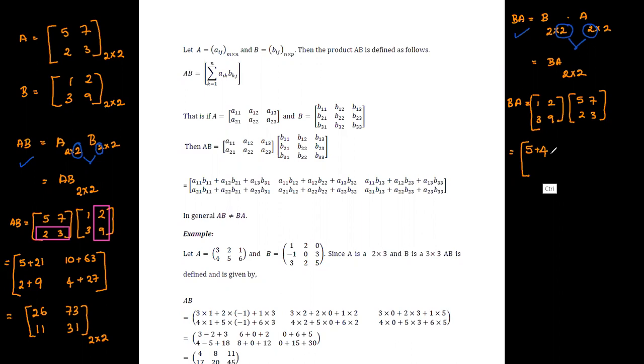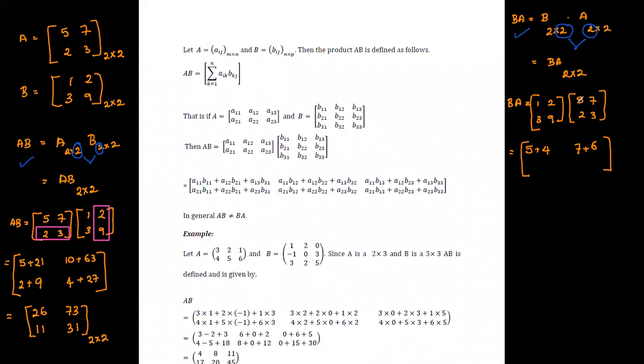Then we have to move for the first row with second column, 1 with 7 and 2 with 3. Then since we have finished the elements in the second column, since there is no any other column to associate with the first row, then we will move for the second row.